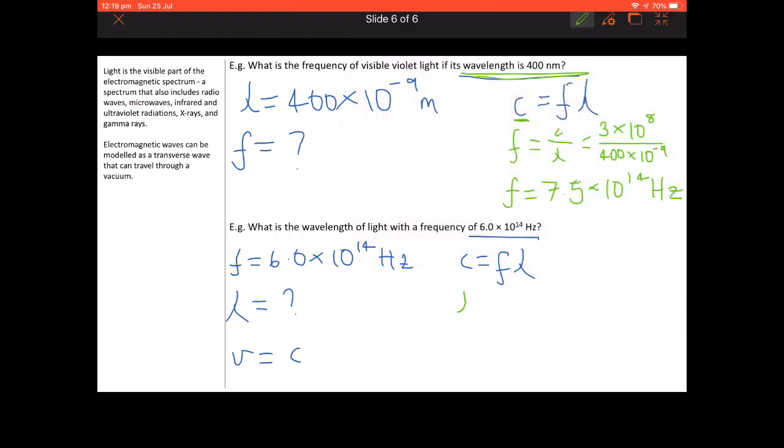We're going to rearrange to make wavelength the subject, so it'll be speed of the wave divided by frequency, and this will be equal to 3 by 10 to the 8 divided by our frequency, which is 6 by 10 to the 14 hertz. And if you were to pop that into a calculator, you would end up with 5.0 by 10 to the negative 7 meters. So that is the wavelength of light with a frequency of 6.0 by 10 to the 14 hertz.